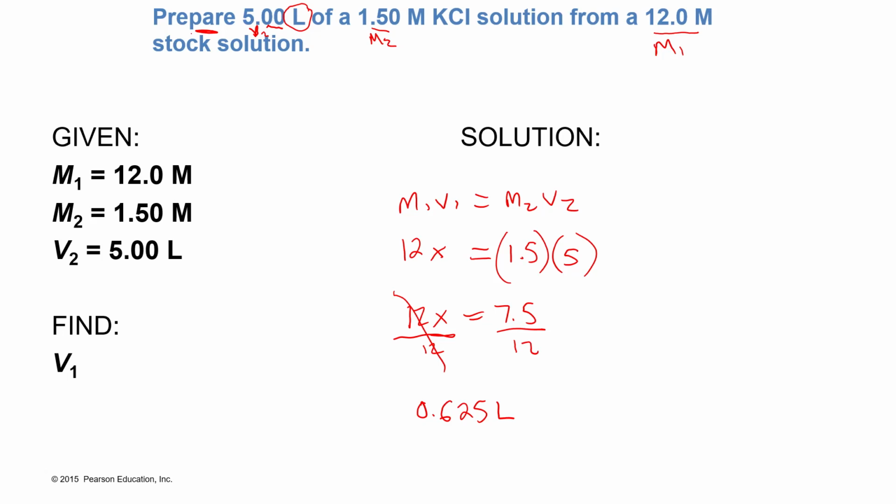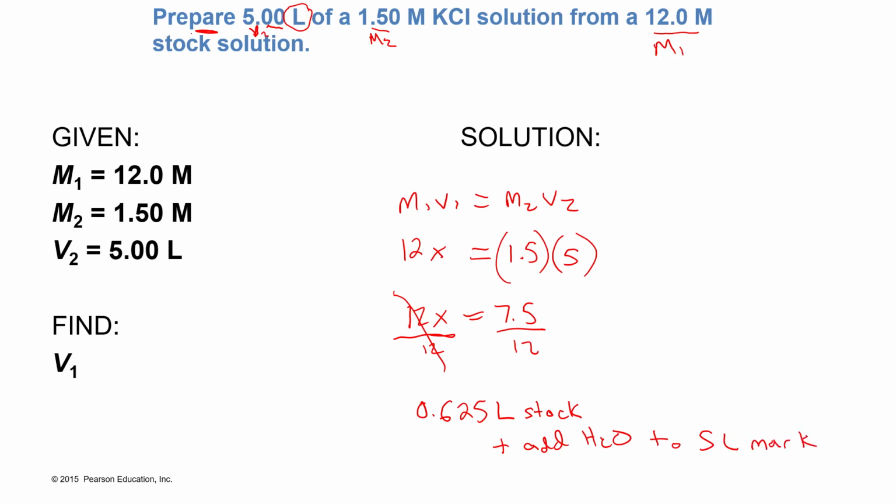So how to prepare this solution? We're going to take 0.625 liters of the stock and we're going to fill up water until we get to the 5-liter mark.